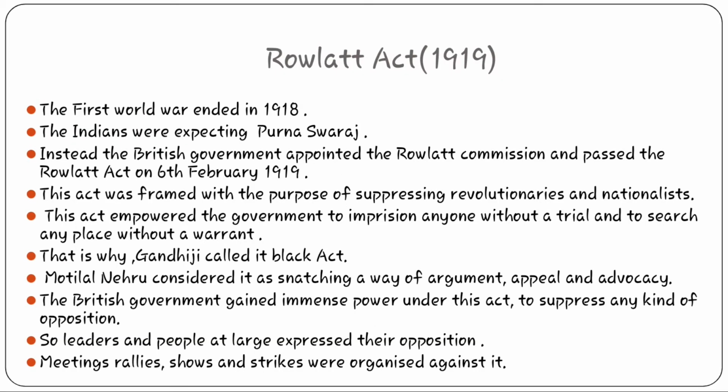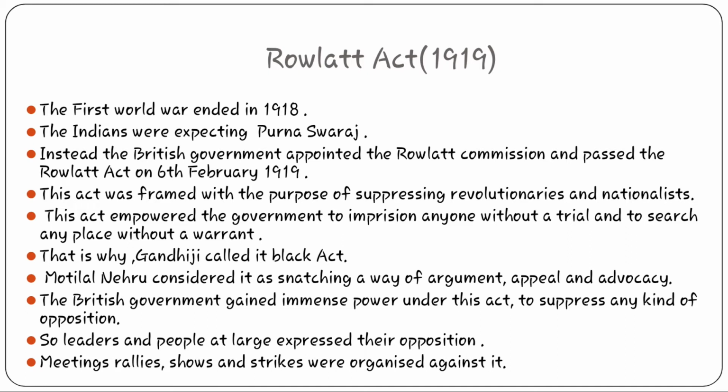The next topic is Rowlatt Act of 1919. By 1918, the First World War was over, and by that time, as promised by the Britishers, they would be giving freedom to India. So Indians were expecting Purna Swaraj or complete independence.